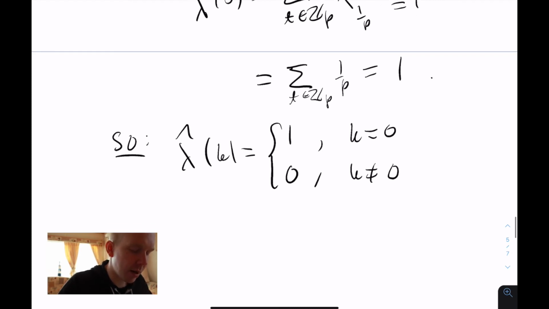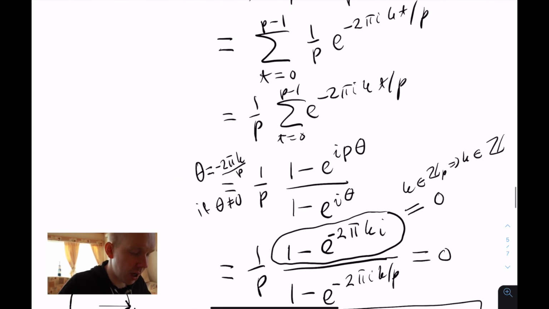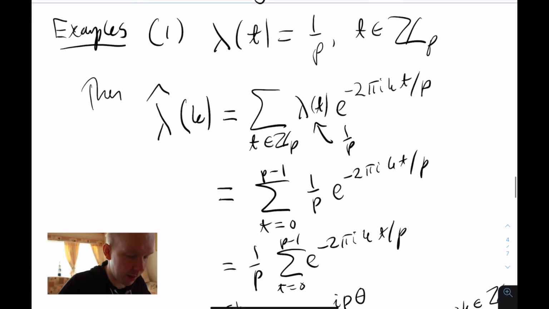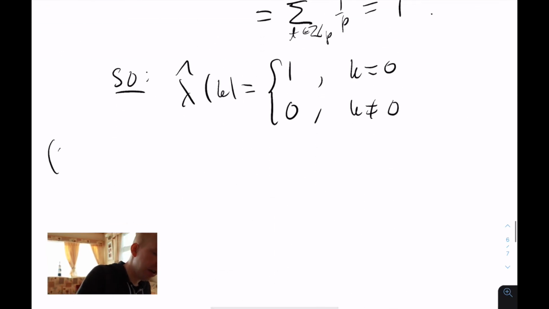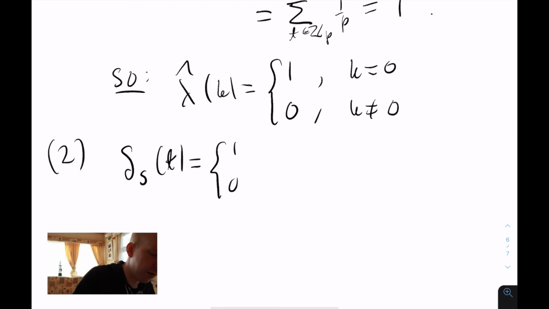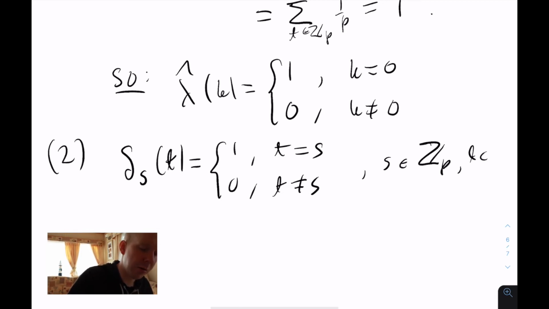But then at the same time, what happens at the other extreme? When we have the Dirac mass. So let's take another example. Let's put the Dirac mass delta s at t, which remember was 1 when t is equal to s and 0 when t is not equal to s, for points in Zp.